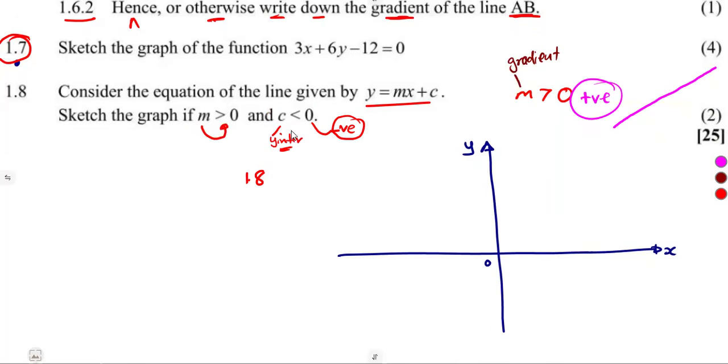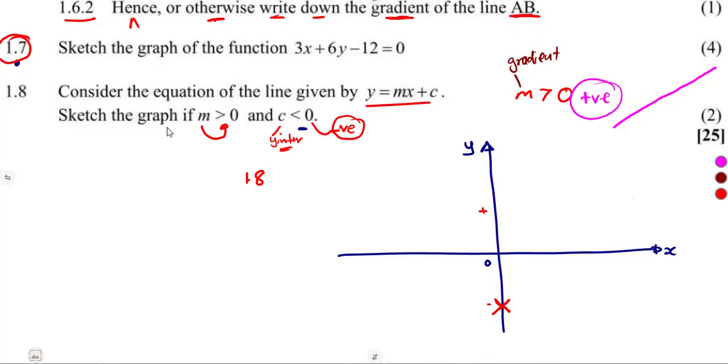That's where we've got negative because we are saying it's less than 0. So the y-intercept can be found anywhere along this side in the negative. Remember, positive on top, negative down. Let's say here, this is where we have our y-intercept in the negative region.